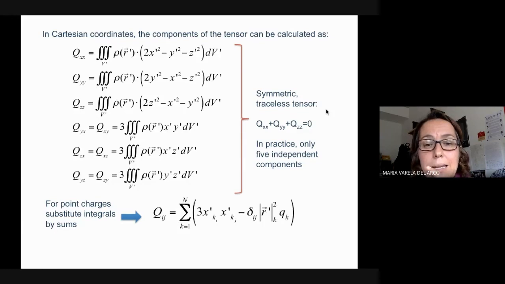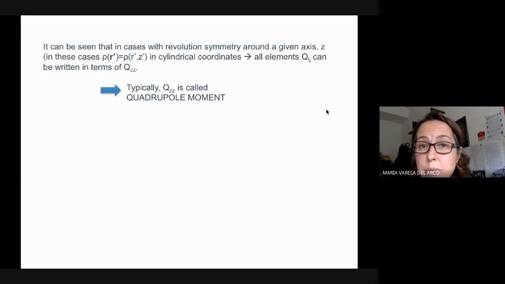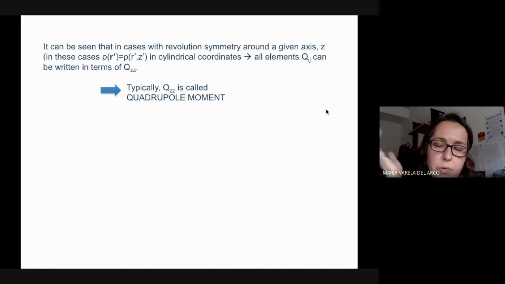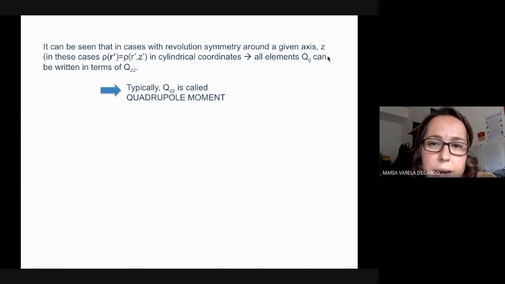And in problems of high symmetry, which are the ones that we are going to basically use all the time, if I put my axis of symmetry along the z direction, just for the sake of choosing a direction so that everybody does it the same way, then all elements can end up being rewritten in terms of Qzz.